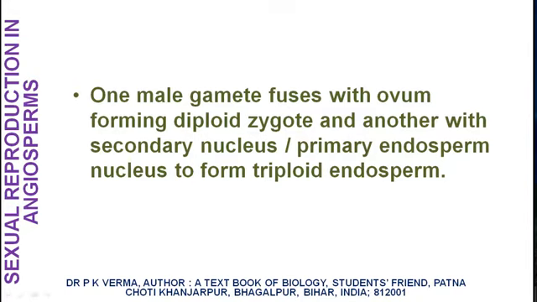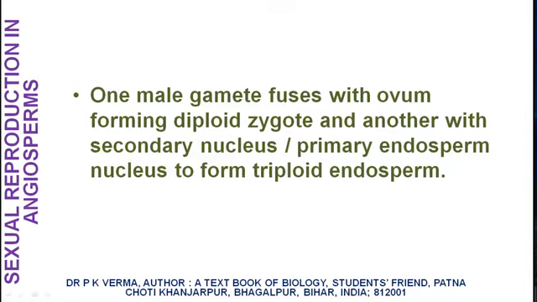So after fusion of the male gamete, it becomes triploid, that is, the endosperm is formed by fusion of three cells, two polar nuclei and a male gamete.